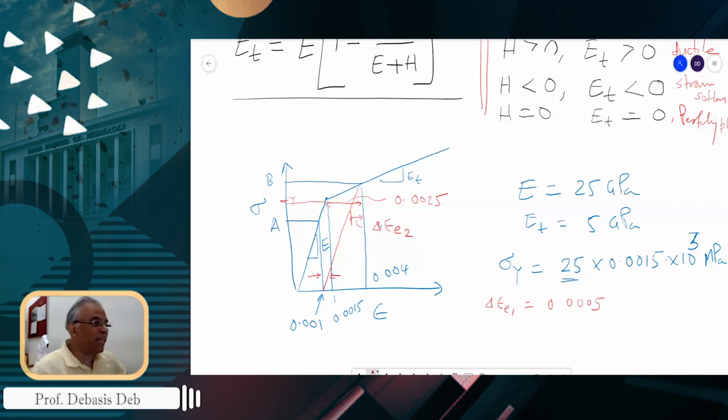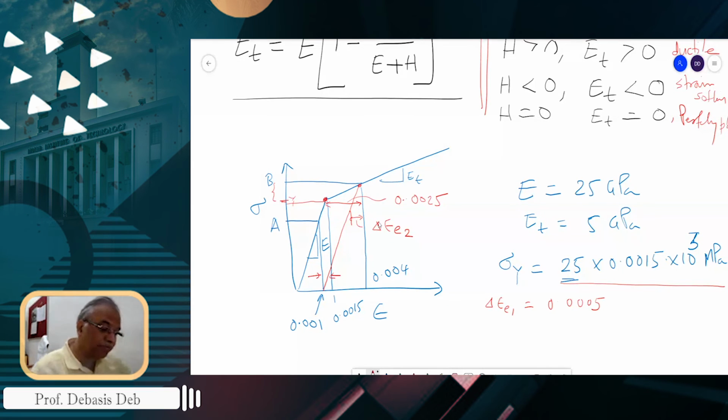So this is the total strain, or the total strain increment from Y to B. Now you have to find out how much is the stress increment from Y to B. So sigma Y, you already know. This is the sigma Y here.